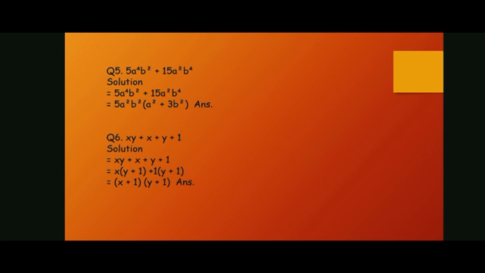Why this? Because 1 times y is y, plus 1 times 1 is 1. So in these two terms, y plus 1 is common in both. We have taken y plus 1 as common and the remaining terms are x plus 1, so we have also put it in the bracket. So these are the factors of xy plus x plus y plus 1.